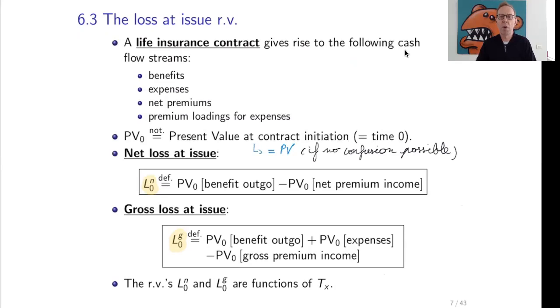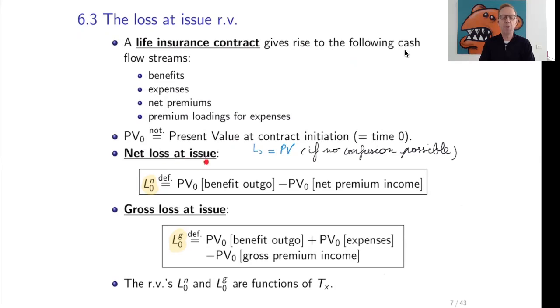So we talk about the loss because we look from the viewpoint of the insurer. A benefit payment is an outgo, is a payment that you have to make, it's a loss. The premiums that are coming in are in fact gains for the insurer. So therefore, if you talk about loss, the loss is what goes out minus what goes in.